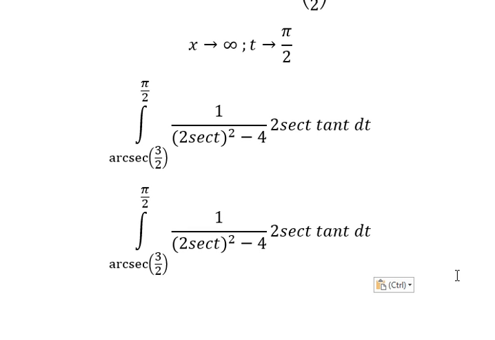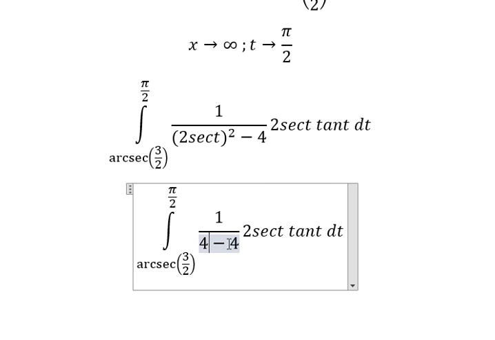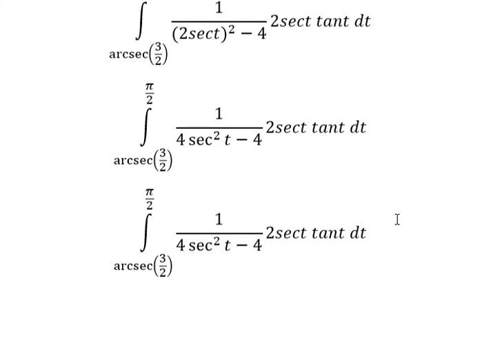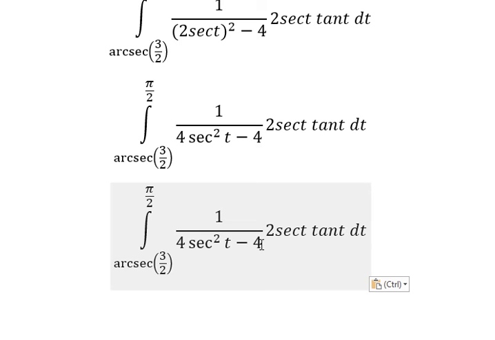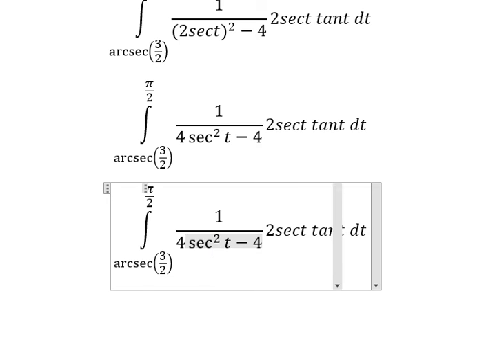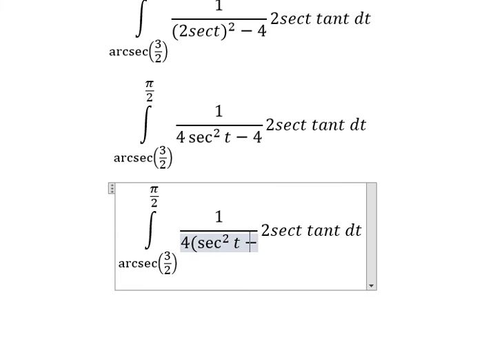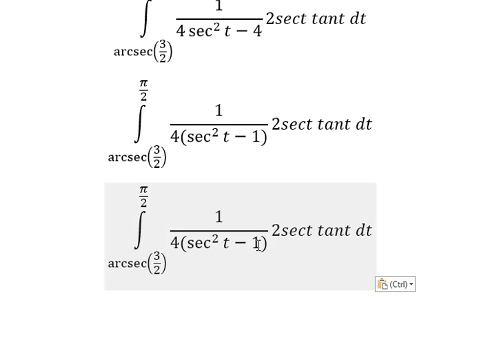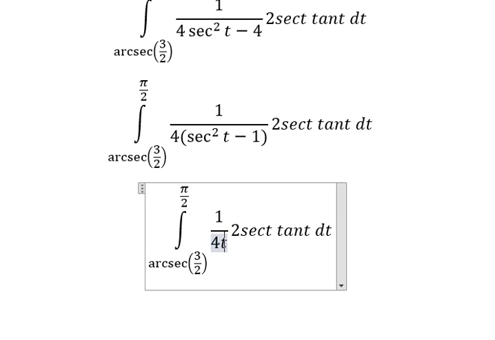Now, this one you get 4 secant of t squared minus 4. We can do factorization, and this one gives tan t squared.